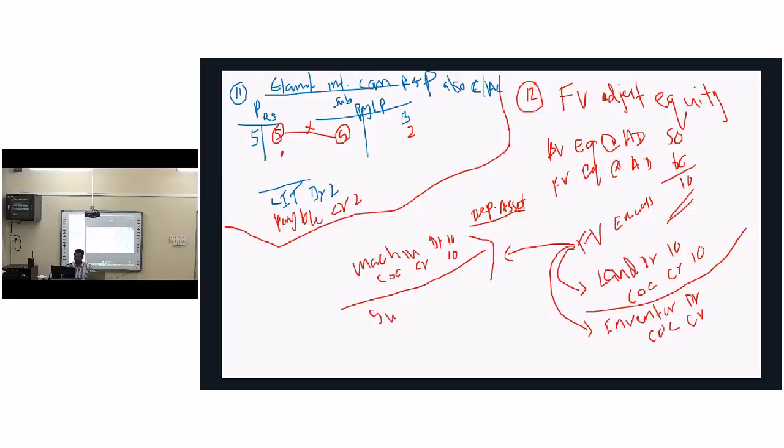Subsidiaries retained earnings debit, credit machine account, machine accumulated depreciation credit.